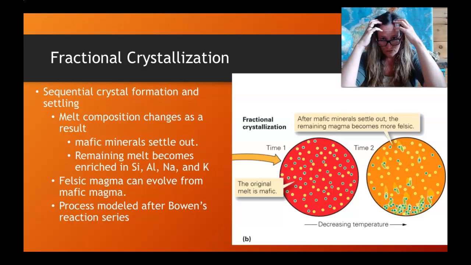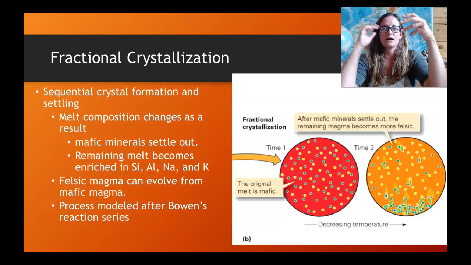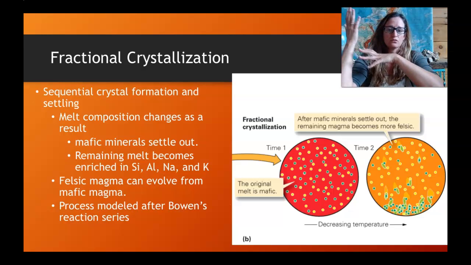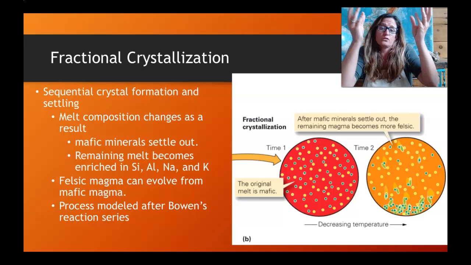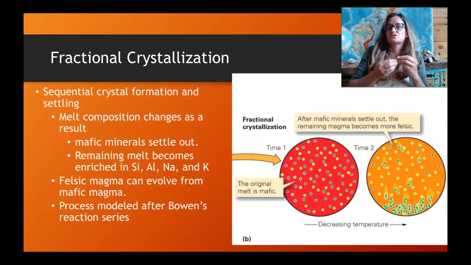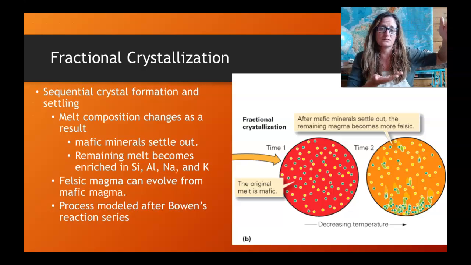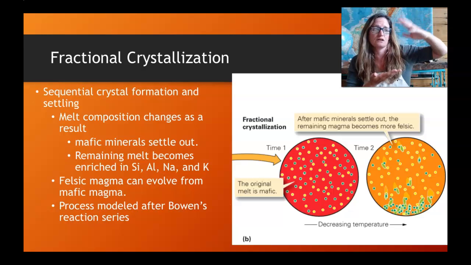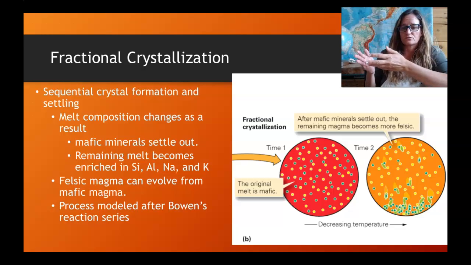There's also fractional crystallization where part of the magma will crystallize early in the cooling process, and then that magma is going to change chemistries because you've pulled those cations or anions out of the system and you've changed the chemistry of the magma. That magma may move through the system then, and it's going to be a different chemistry as over here when it dropped out some other crystals.